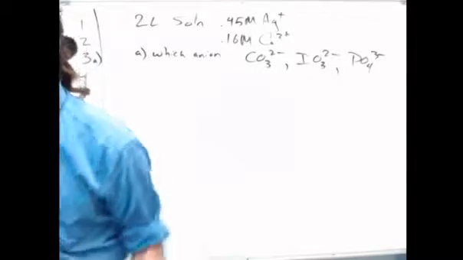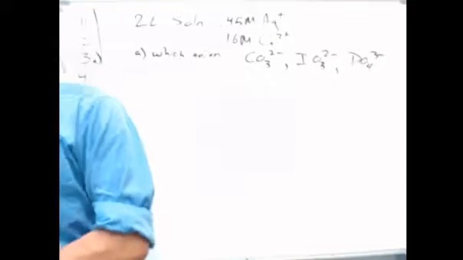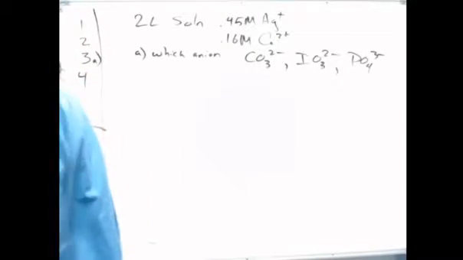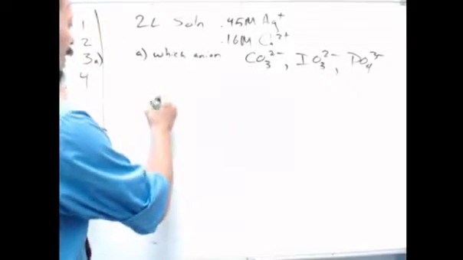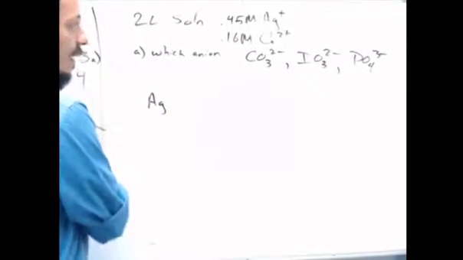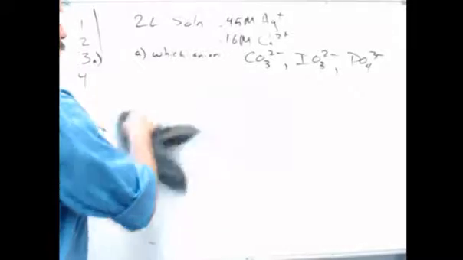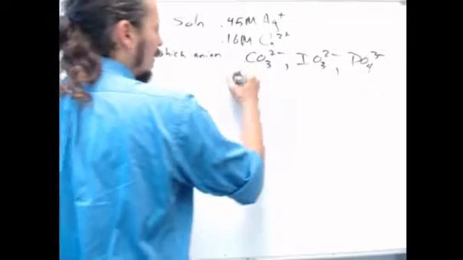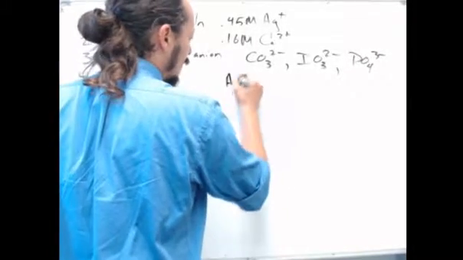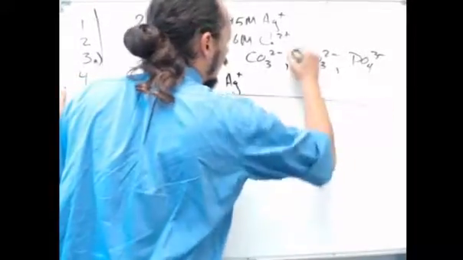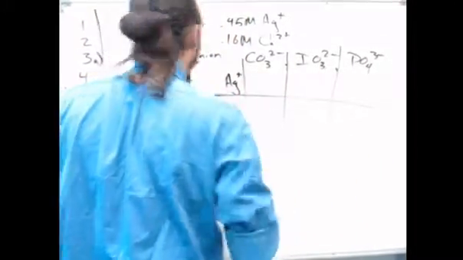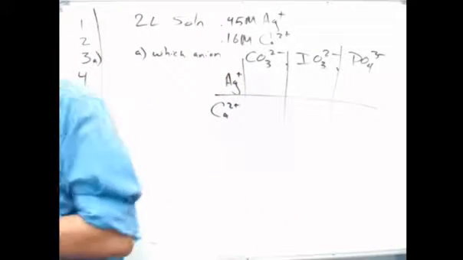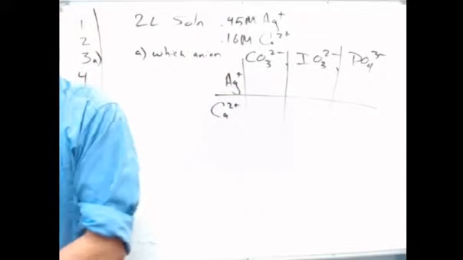I'm just going to pull out the old textbook and look at the KSP values, and we can essentially make a table to try and figure out what is best. So we're going to look at these 3 things. We're just going to compare KSP values. We're going to look at the silver. We're going to make a little table, and we're going to look at the calcium. And hopefully, we can find all the KSP values for this.